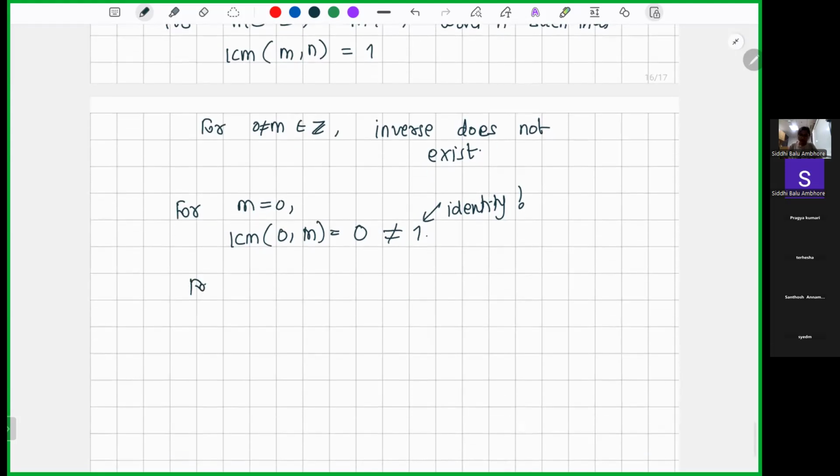But for M equal to -1, LCM of -1 and 1 would be 1, or it will be -1, right? Least common multiple.